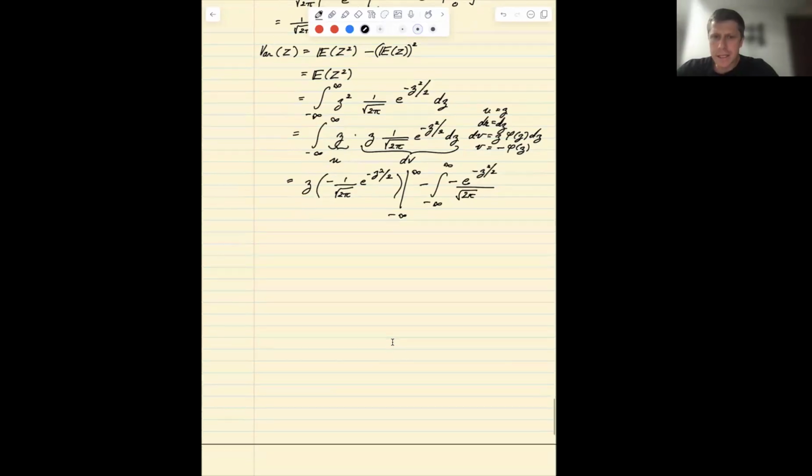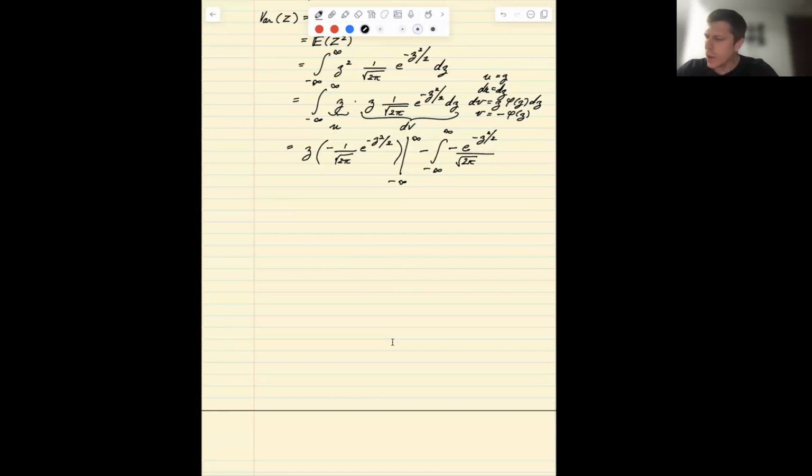Okay, what does this equal? Well, this boundary term is 0 because e to the minus z squared decays to 0 faster than z grows as it goes to infinity. Technically we have to take a limit, but this is going to be 0.